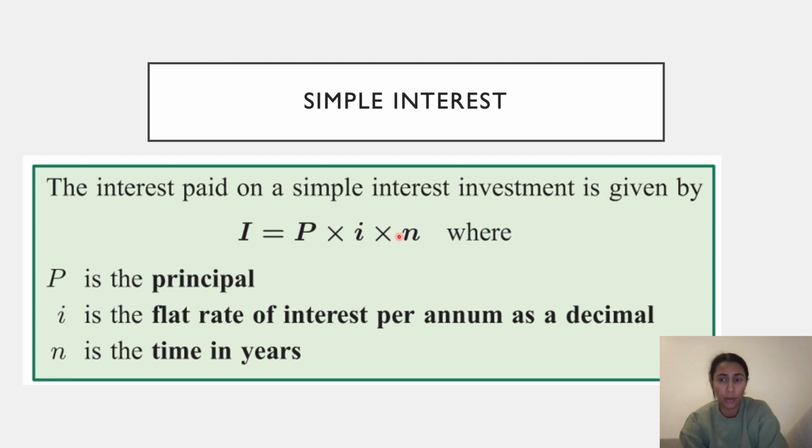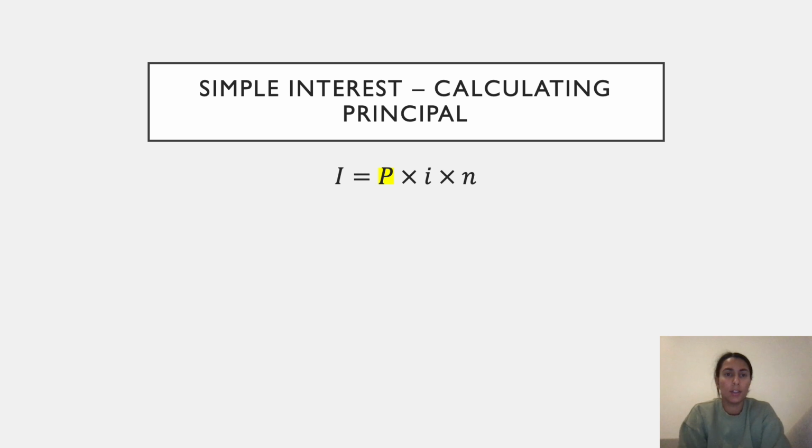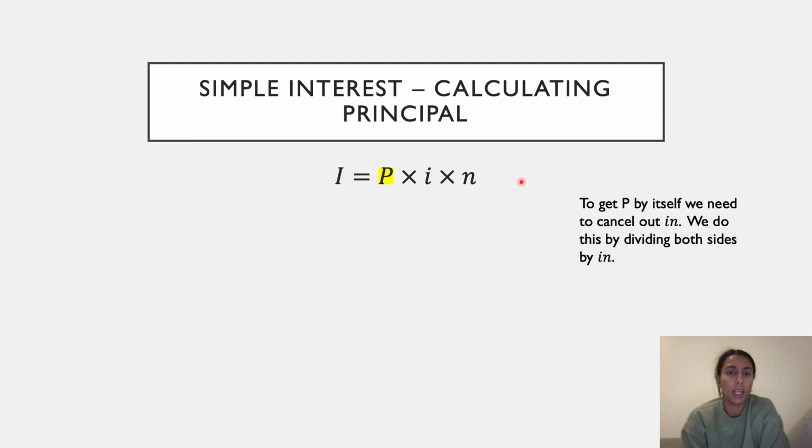Now I'm going to show you three variations of this formula if you wanted to find either the principal, the interest rate, or the time in years for a problem. So let's start with this one here. If we wanted to calculate the principal, we would need to cancel out the I and the N. So we need to get P by itself, remember from rearranging equations.